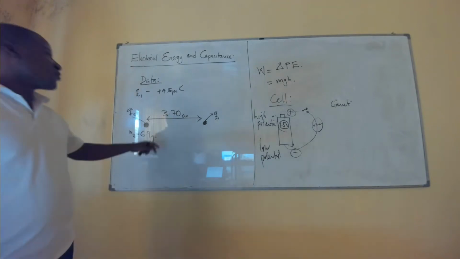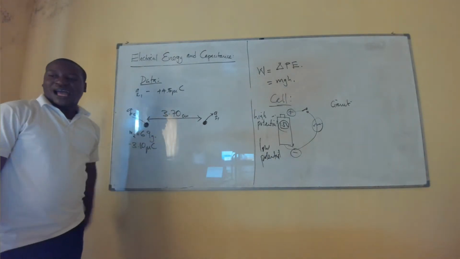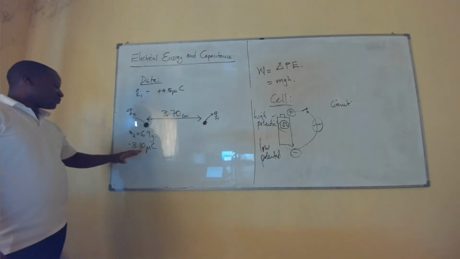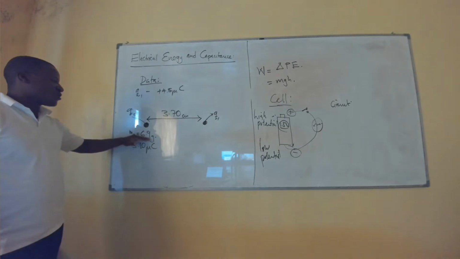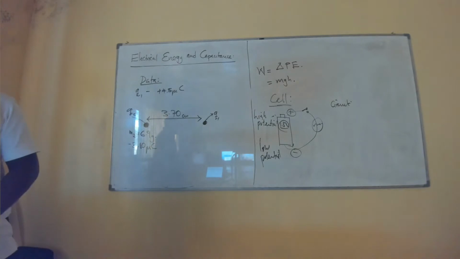From a distance, of course, the distance we have put there, which is 3.70, and then this Q2 is given to be of mass 6.9 grams, and that is the charge that has been given.